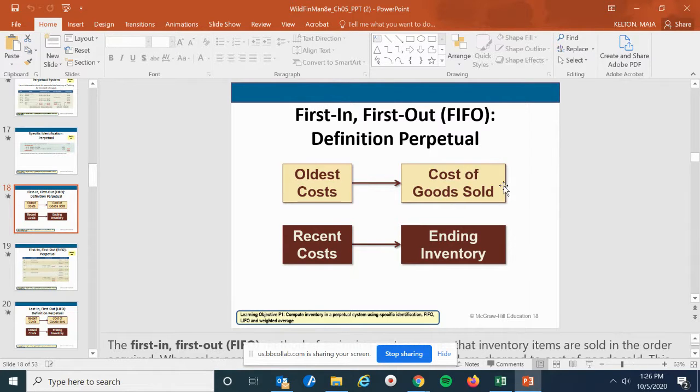So on the income statement under cost of goods sold, we will see the oldest inventory costs represented. On the balance sheet, though, ending inventory will be comprised of the most recent costs, because when you really think about it, if we are to sell the oldest items, then the most recent items, the newest items will be left in the ending inventory account.